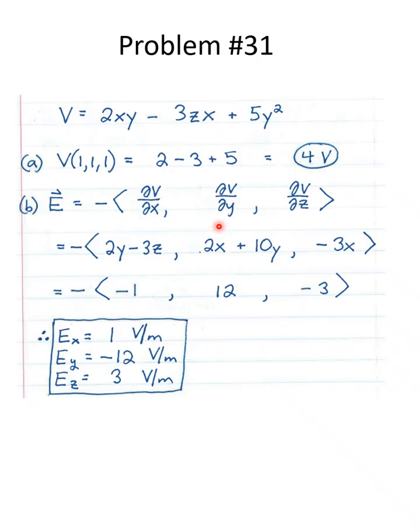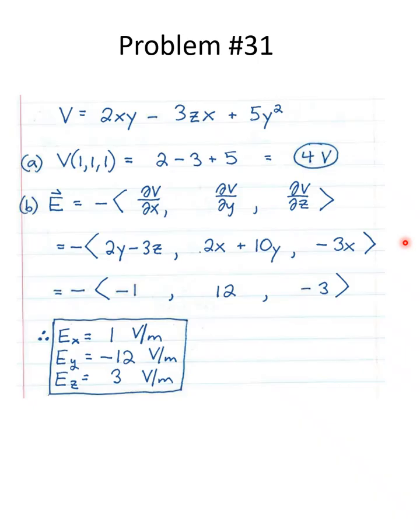The second term, when we take everything with respect to y, the first term is 2x, the second term is 0, and the third term is 10y, so we have 2x plus 10y. And then finally, we take the derivative of potential with respect to z, and the first term is 0, the second term is minus 3x, and the third term is 0, so we have minus 3x.